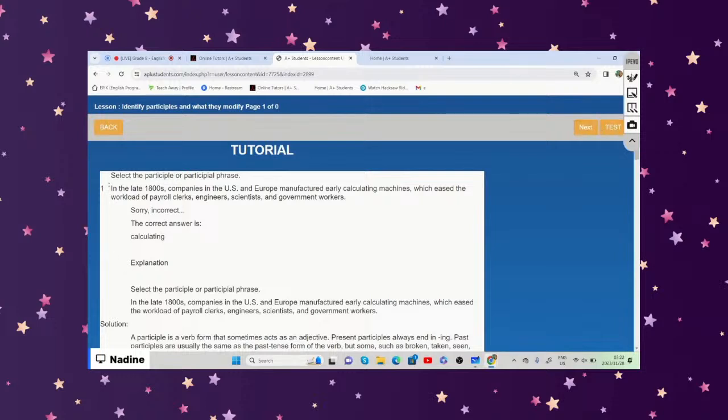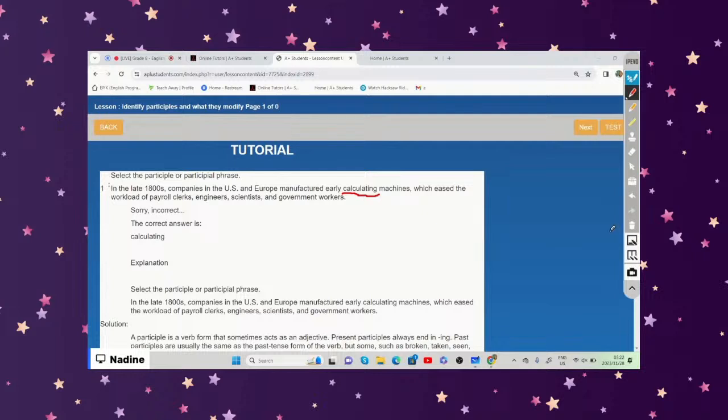If we were to select either the participle or participle phrase, we would select calculating. They manufactured early calculating machines. Calculating is our participle. And remember, we said it ends in ing.